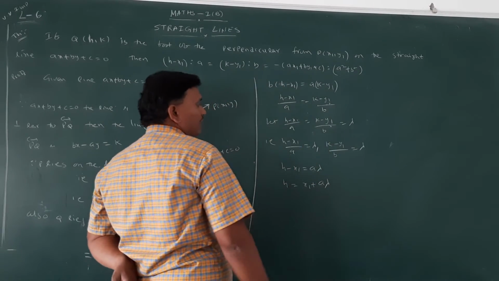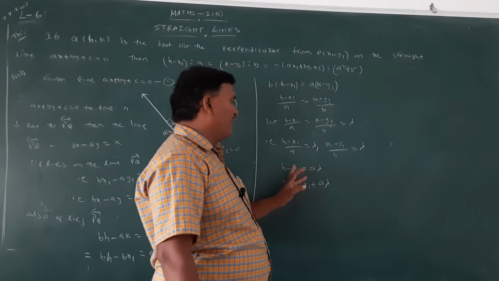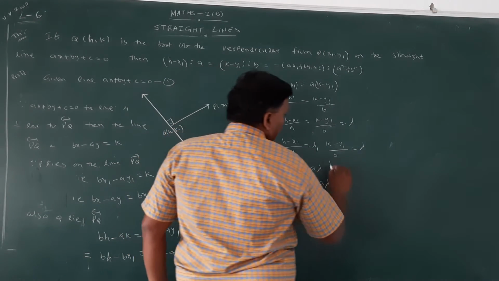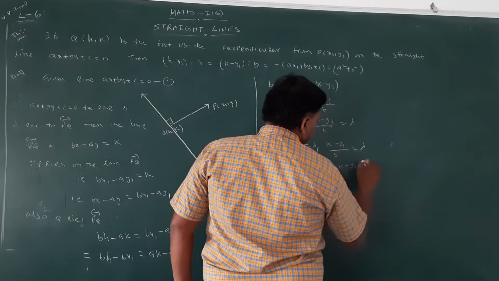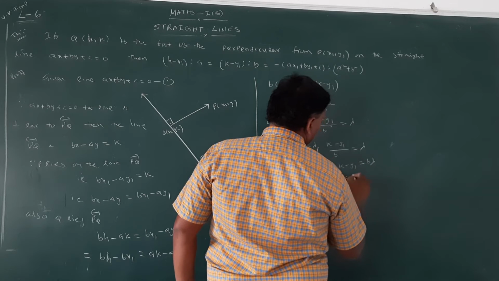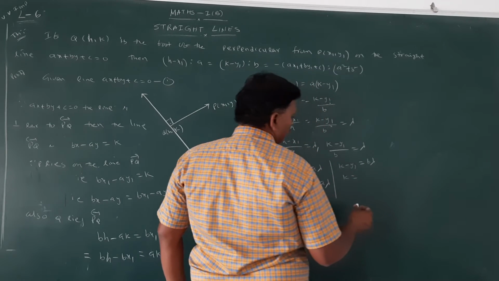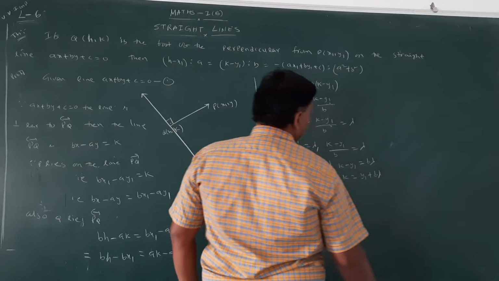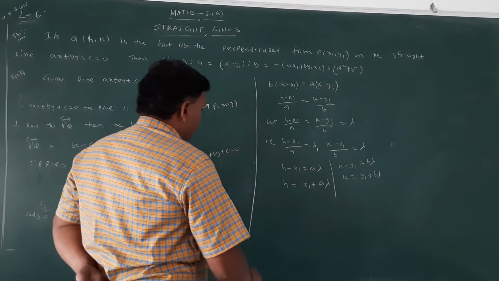And k - y1 = b lambda, k = y1 + b lambda.